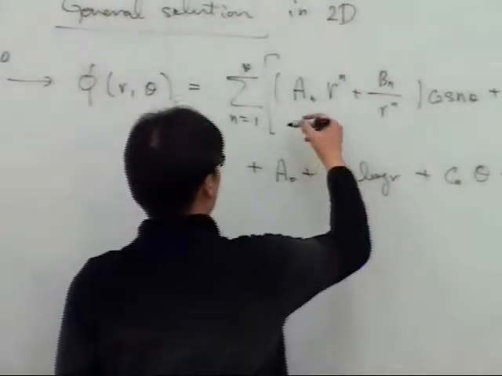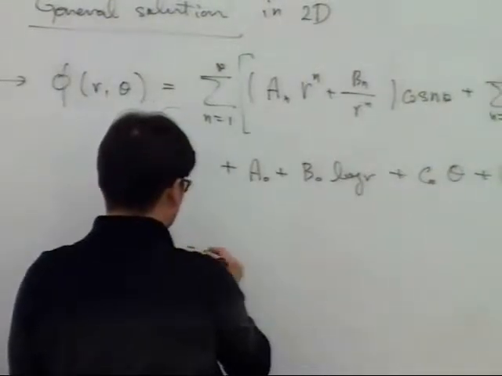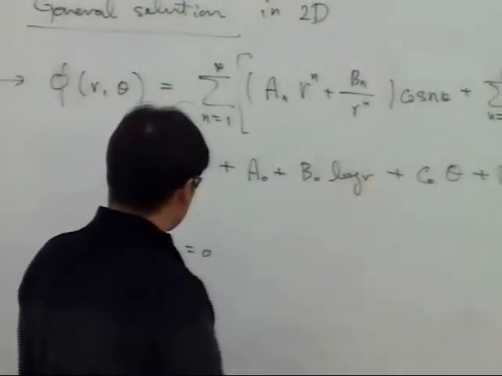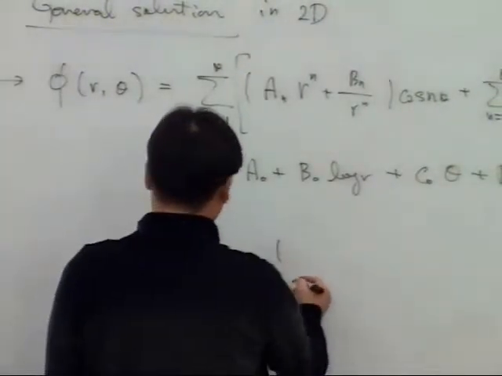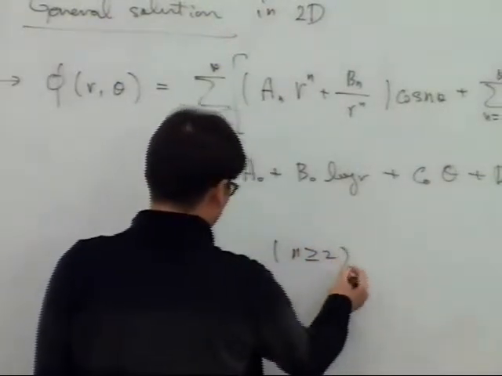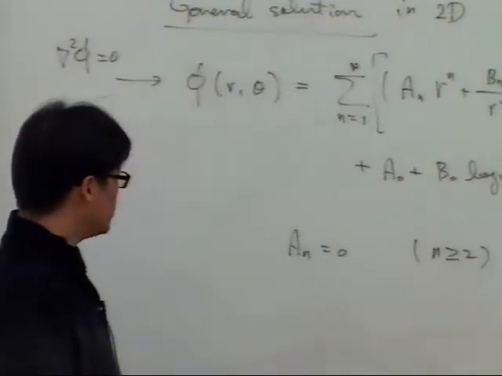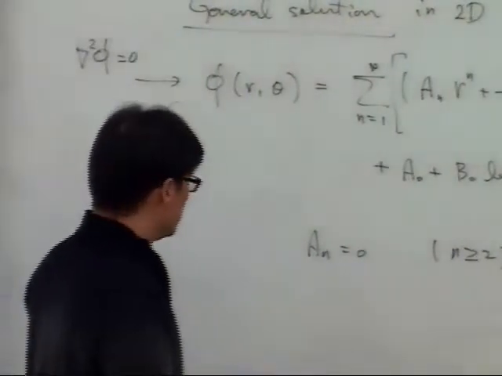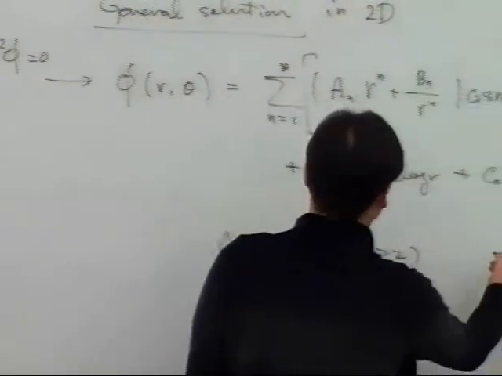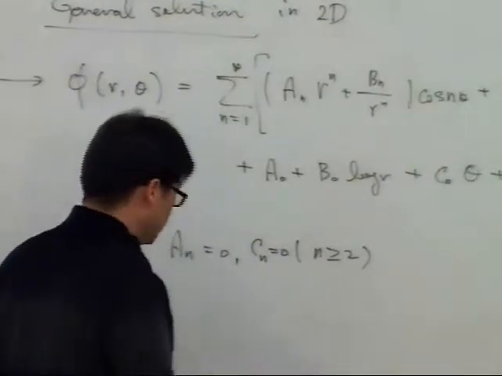So, for example, a_n is 0, except n equal to 1. So if n is greater than or equal to 2, then a_n is 0. Likewise, c_n is also 0 if n is equal to 2 or greater.